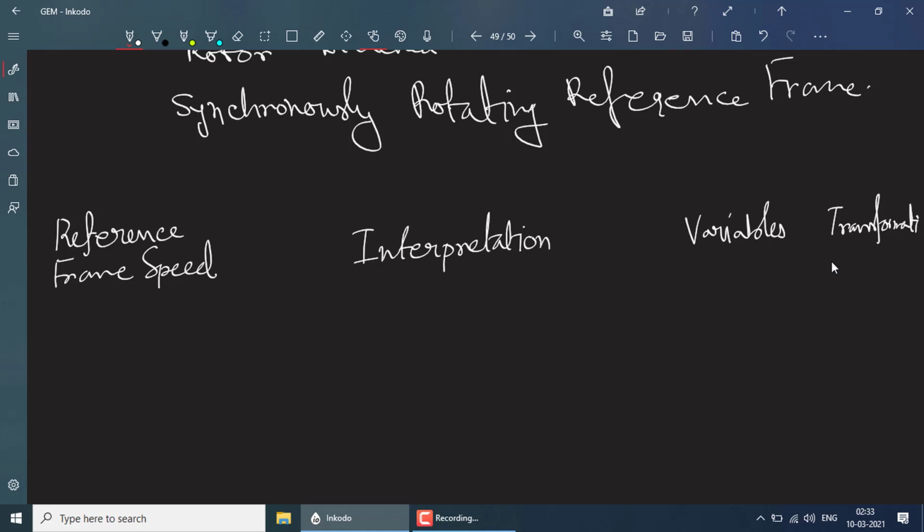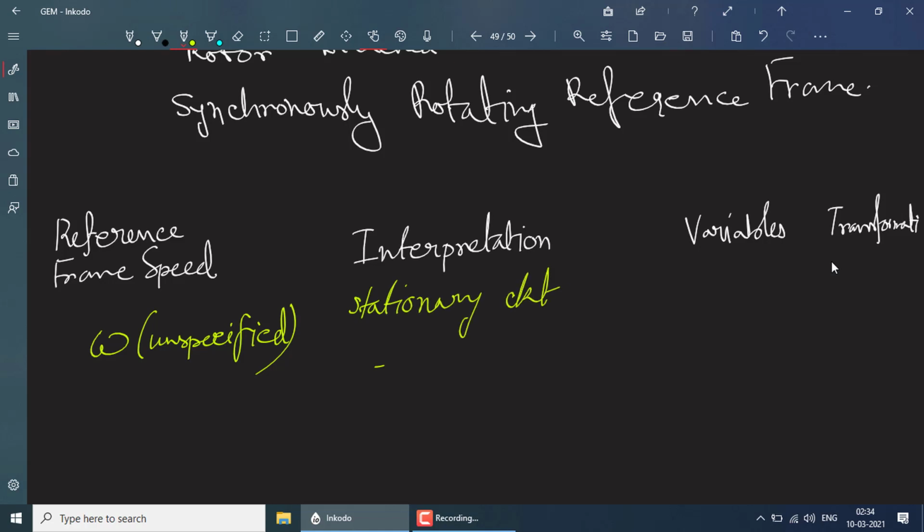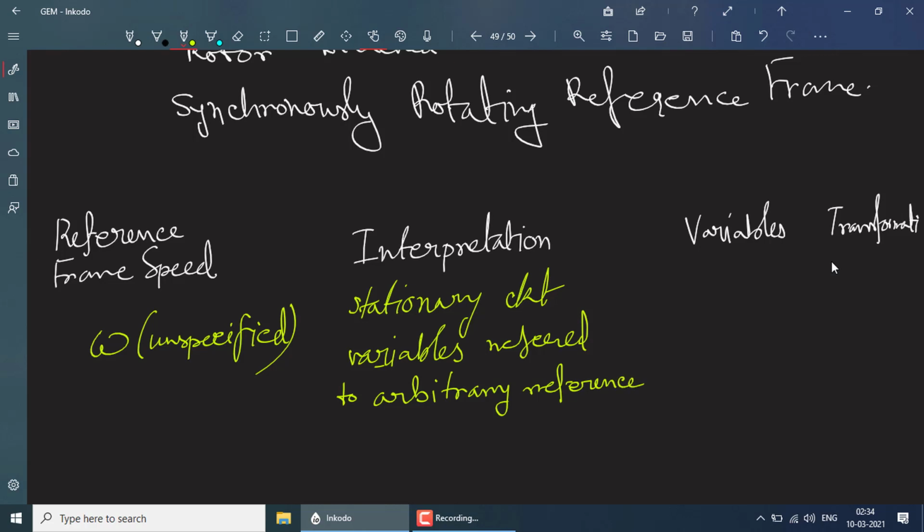So first let us consider the case of omega unspecified, that is the arbitrary case. What does this indicate? This indicates stationary circuit variables referred to the arbitrary reference frame.